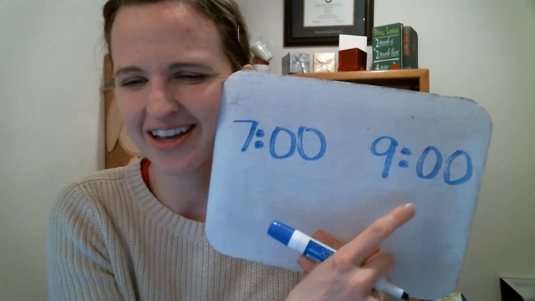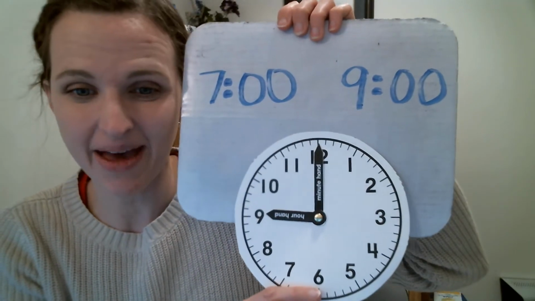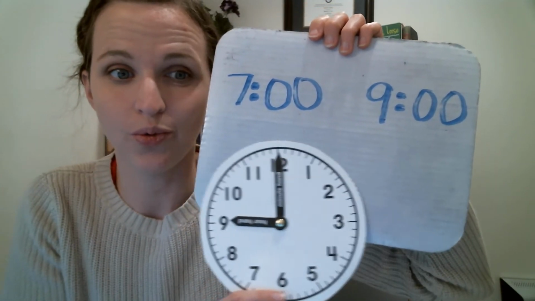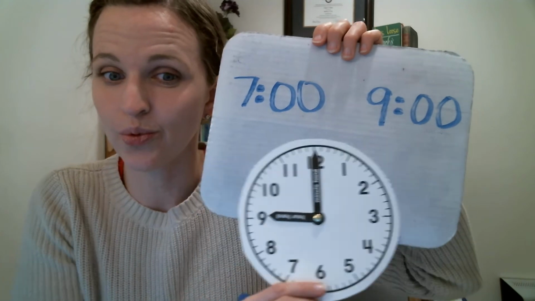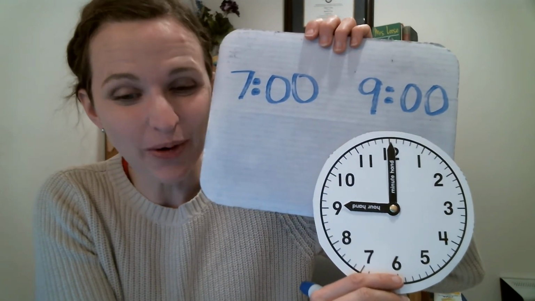What's this one? 9 o'clock. Okay, now you need to look at the analog clock. What does this show? Which one does it match? It matches 9 o'clock. See, my hour hand's pointing at 9.